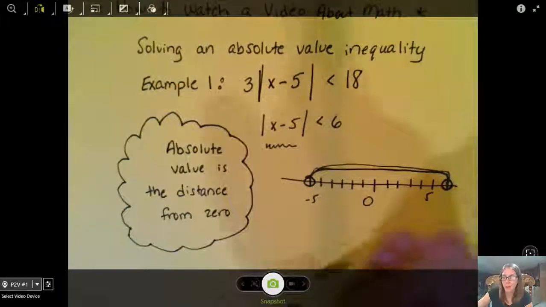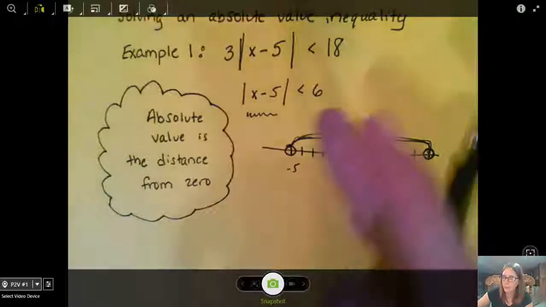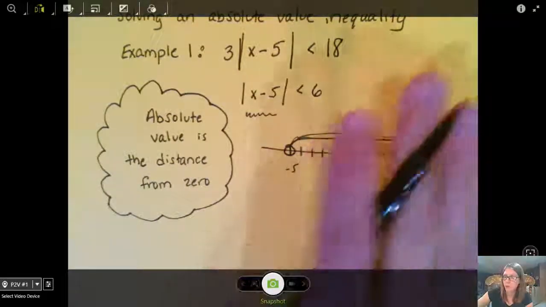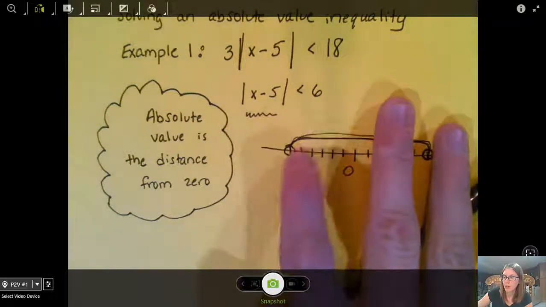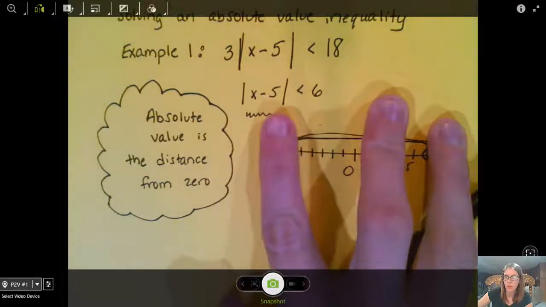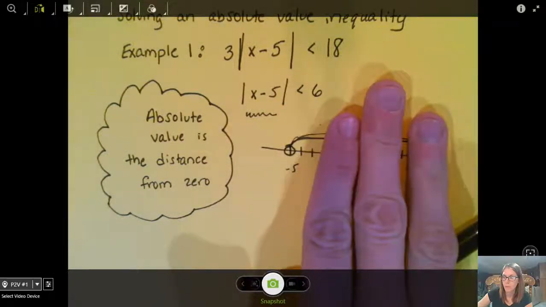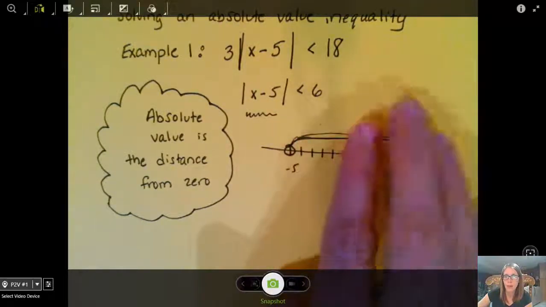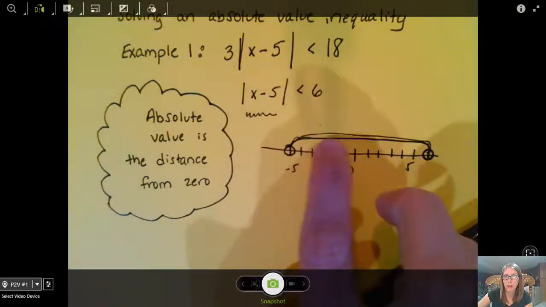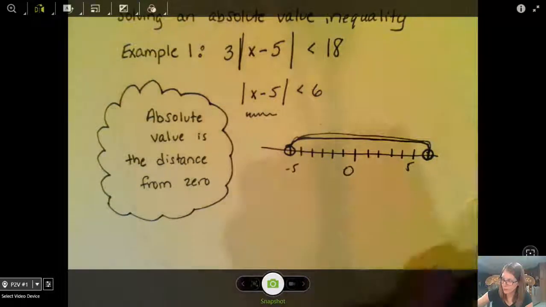All right, so how do we write our compound inequality? We could write this two different ways. One way, I'm going to look at one chunk at a time. If I look at this little part here, this x minus 5, I'm looking at the points to the right here. x minus 5 is greater than negative 6.